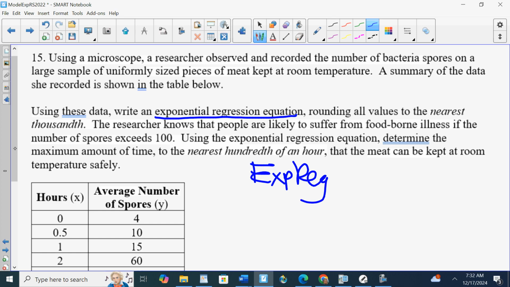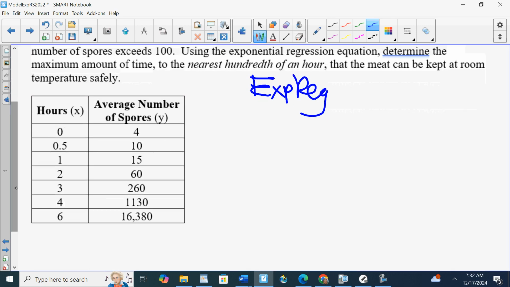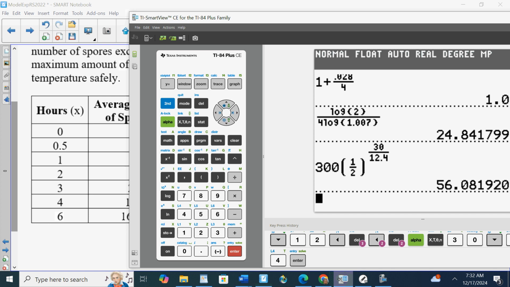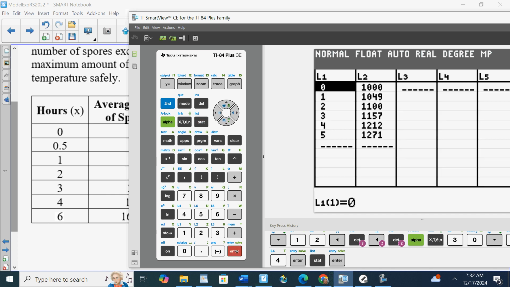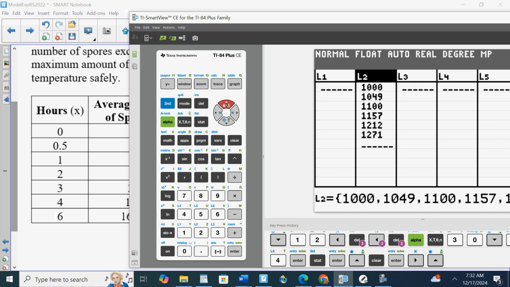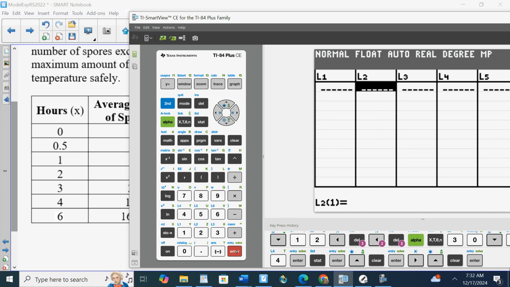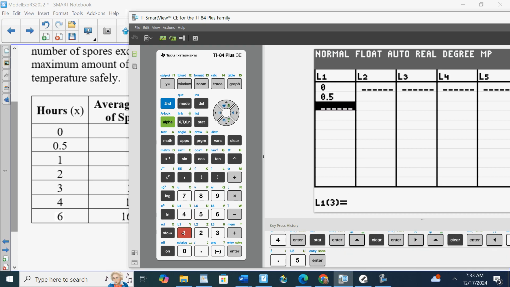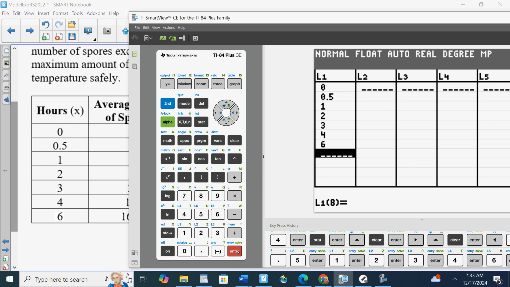So to do exponential regression, it's very simple. I go to my calculator. I go stat edit. I type in the data. If I have something in there already, I tab up so that the L1, L2 is highlighted and hit clear, enter. My X is 0, 0.5, 1, 2, 3, 4, 6.